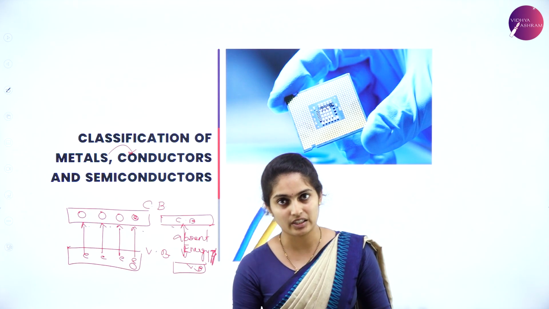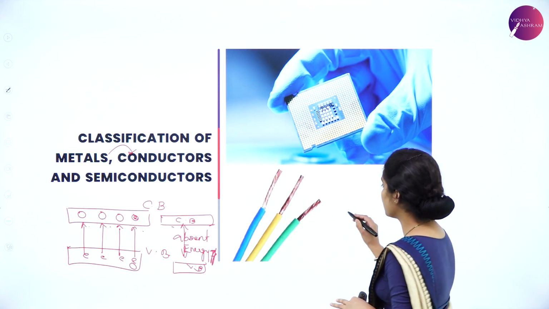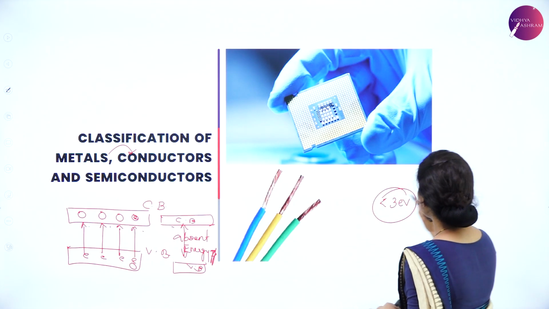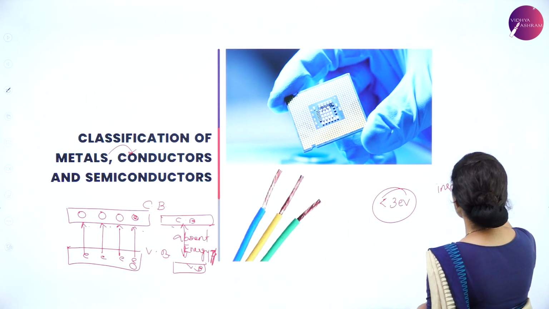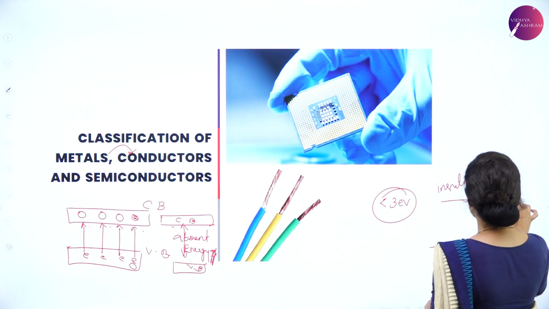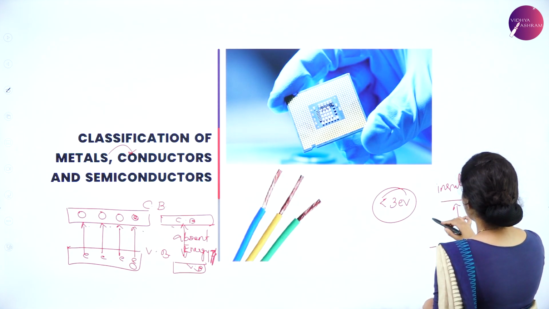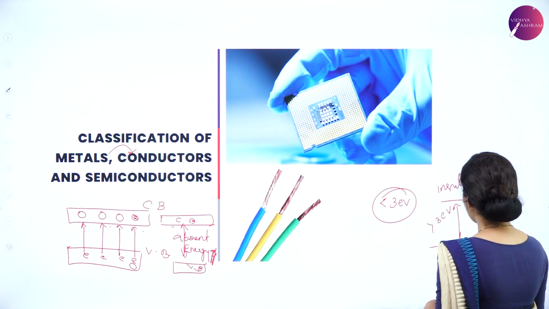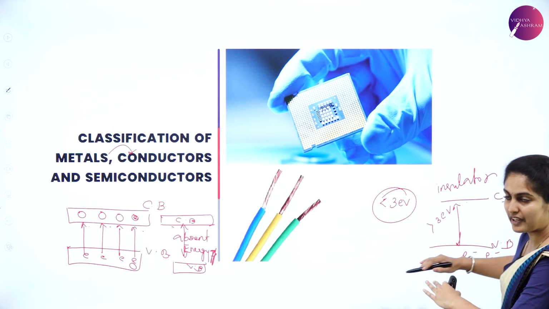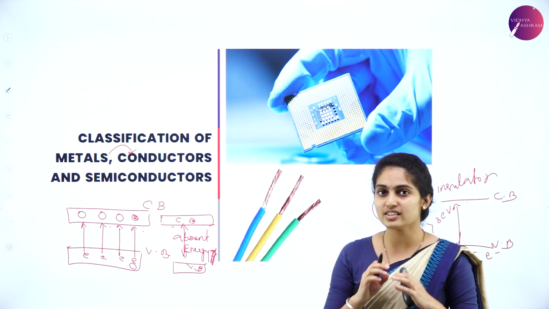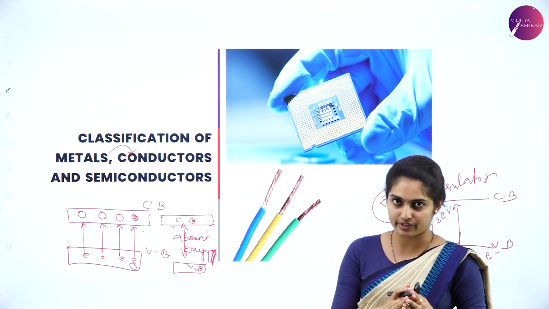In case of semiconductors, the energy gap is lesser than 3 electron volt, whereas in case of an insulator, you have a valence band and a conduction band whose energy gap is greater than 3 electron volt, because of which there is no jumping of the electrons from the valence band to the conduction band, because of which it is called an insulator. It doesn't conduct or generate electricity.